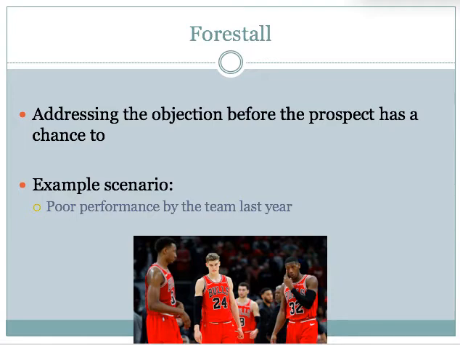The guys didn't really come through, and it was tough for all of us to watch, but... And then they would probably lay out some of the changes, right? Some of the new players picked up, maybe a new coach has been obtained. They would highlight some of the good things, again, prior to the prospect even having a chance to bring this up, right? So the forestall is all about identifying and addressing an objection before it even comes up.